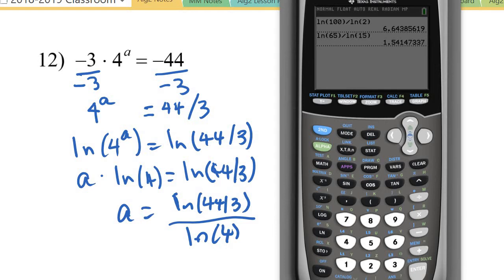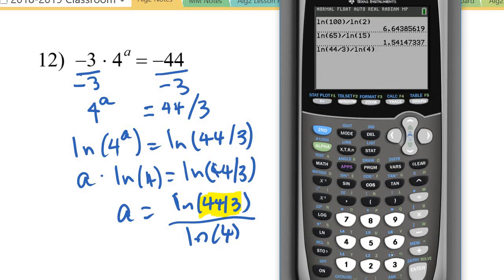Okay, so let me show you. Whenever you have a fraction like this, you can just type it in straight as input of your ln. So like so, ln of 44 divided by 3, and then divided by ln of 4, like so.